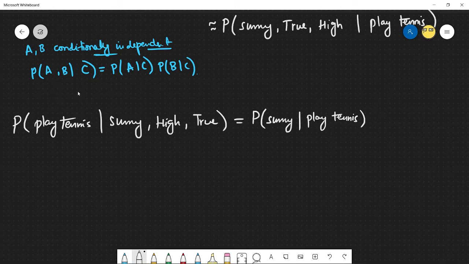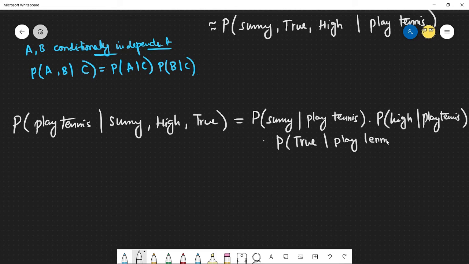Right, so I'm using this equation here. So A and B are all of these. A, B given C, given our play tennis, is just going to be the product of those conditional probabilities: the probability of sunny given play tennis, the probability of humidity being high given play tennis, and then times the probability of windy being true, again given play tennis.